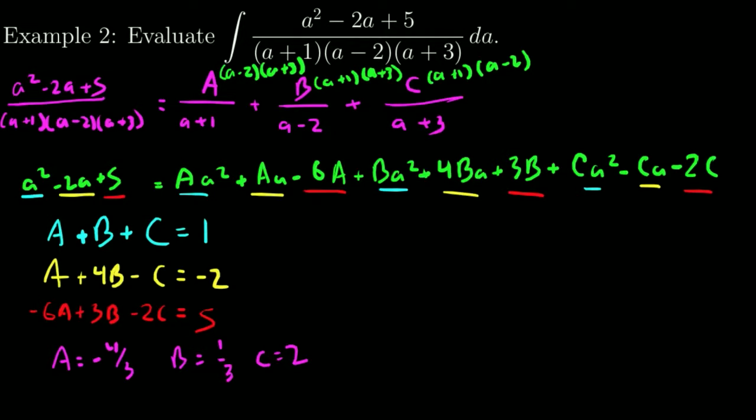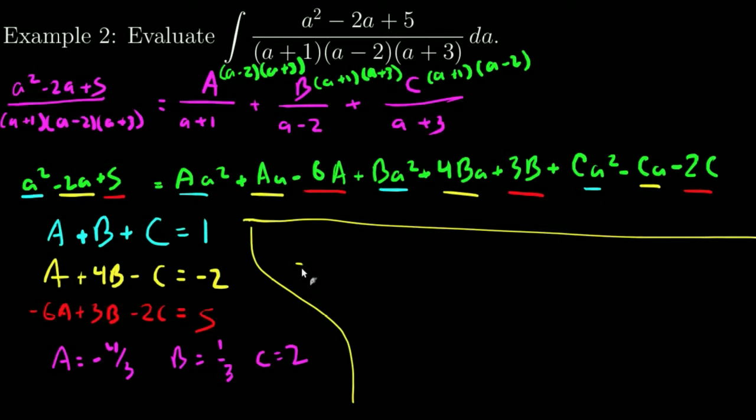So what all that does for me is this. This integral is really the integral of negative 4/3 over a plus 1 plus 1/3 over a minus 2 plus 2 over a plus 3 da.